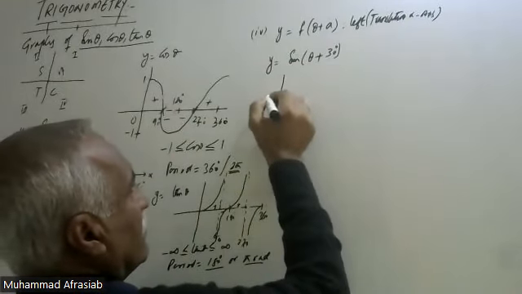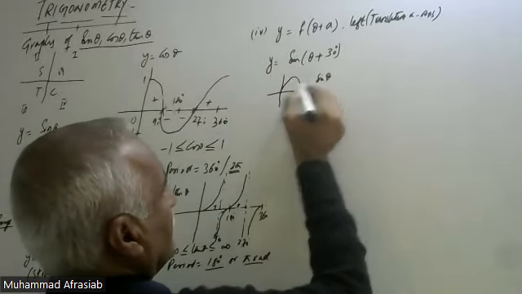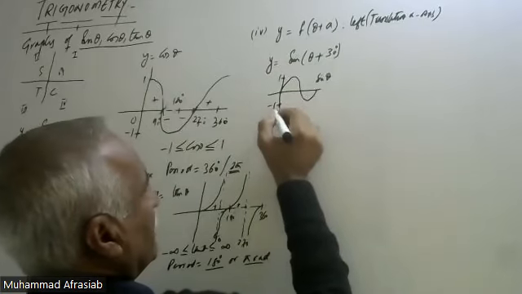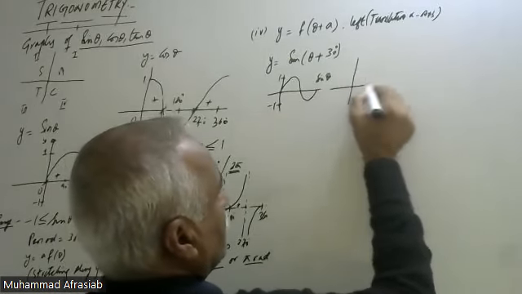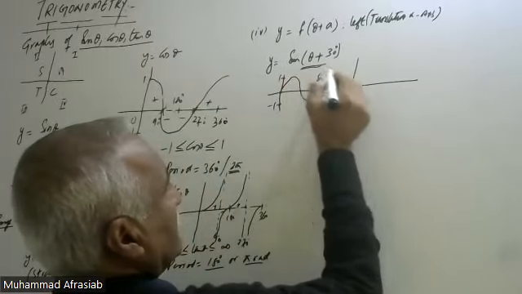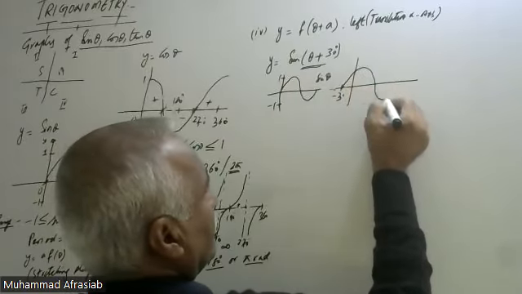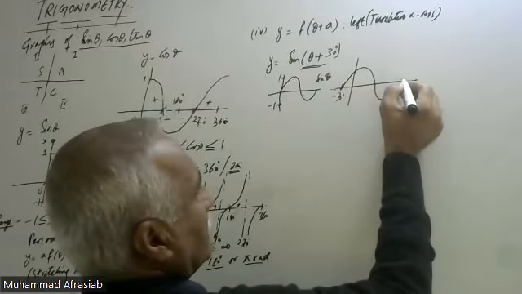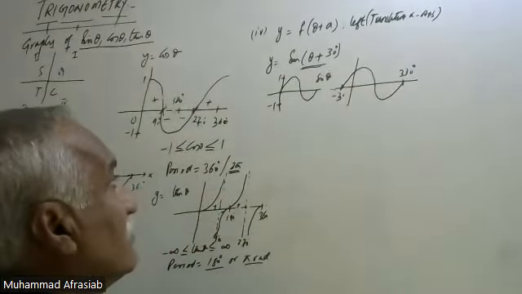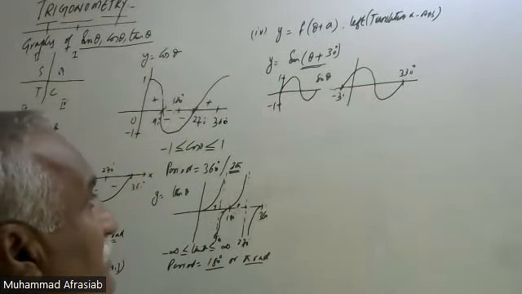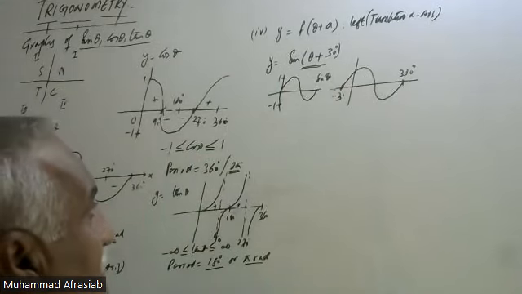Since the original graph of this sine function is this from 1 till -1, and now we want to draw the graph of y is equal to sine of theta plus 30, the whole graph will be leftward from this. So it is basically the leftward translation on the x-axis for this graph there.